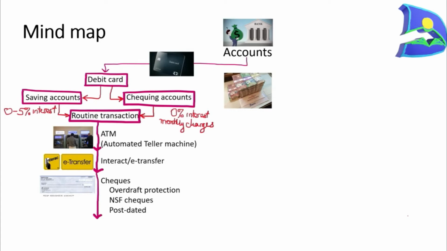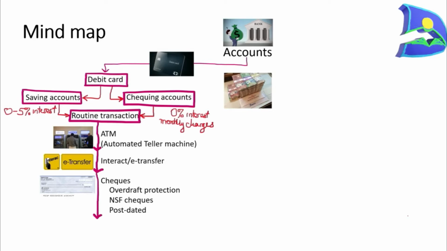One thing is that sometimes if you don't have sufficient money in your bank account, but the check is for more than what you have, an overdraft protection is established, where you can take more than what you have in your bank account in order to execute a specific transaction.